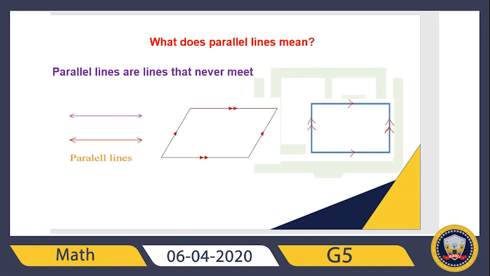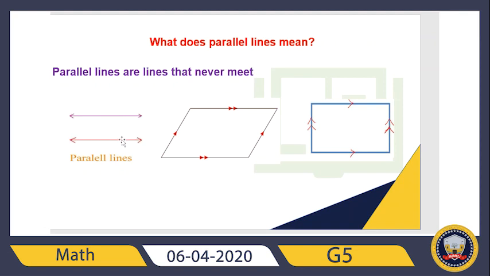Let's know first, what does parallel lines mean? What does it mean when I tell you these two lines are parallel? These two lines, for example, are parallel.